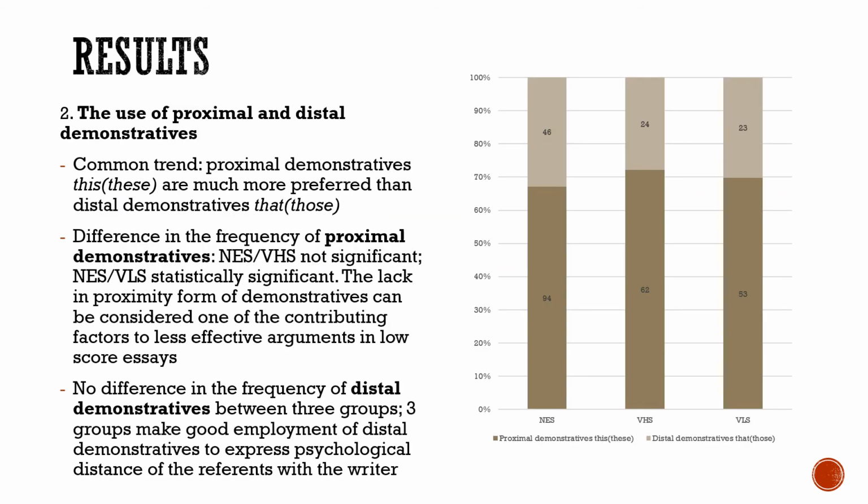The second finding of the results relates to the use of proximal and distal demonstratives regarding proximity. A common trend between all three groups is that proximal demonstratives, these, are much more preferred than distal demonstratives, those, as you can see from the graph here. Regarding the frequency of proximal demonstratives, the difference between native English speakers and the Vietnamese high score group is not significant, but the difference between native English speakers and the Vietnamese low score group is statistically significant.